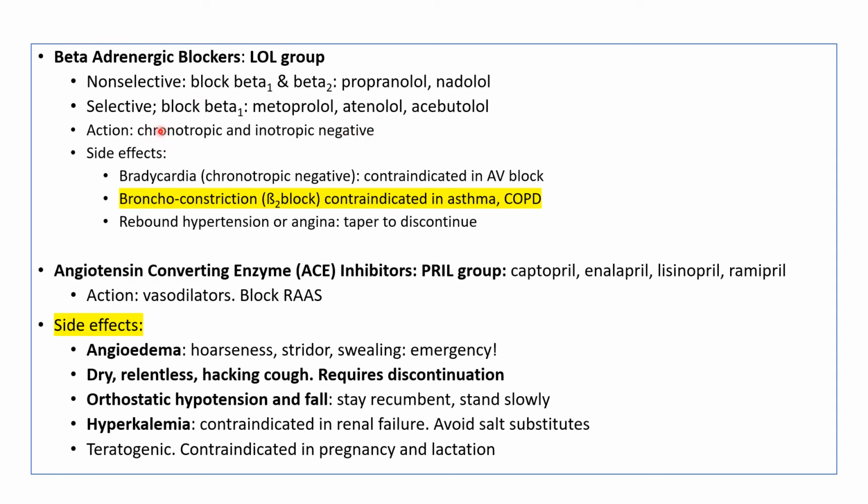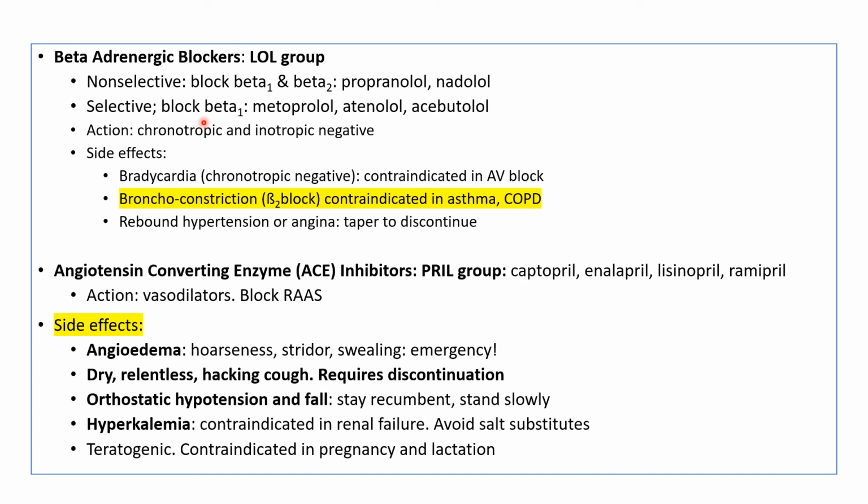Chrono means time in Greek, like a chronometer. Chronotropic is the capacity of any medication to change the number of times that the heart contracts in one minute. How is that called? Heart rate.